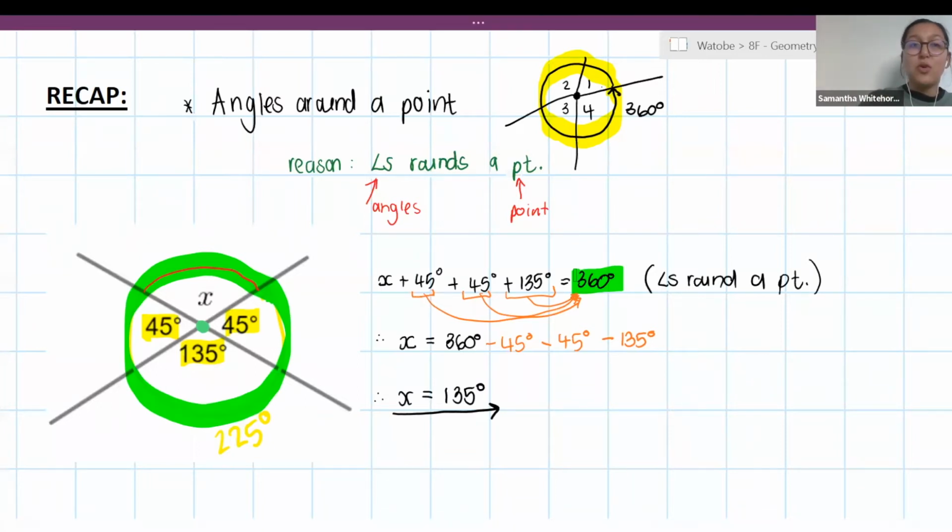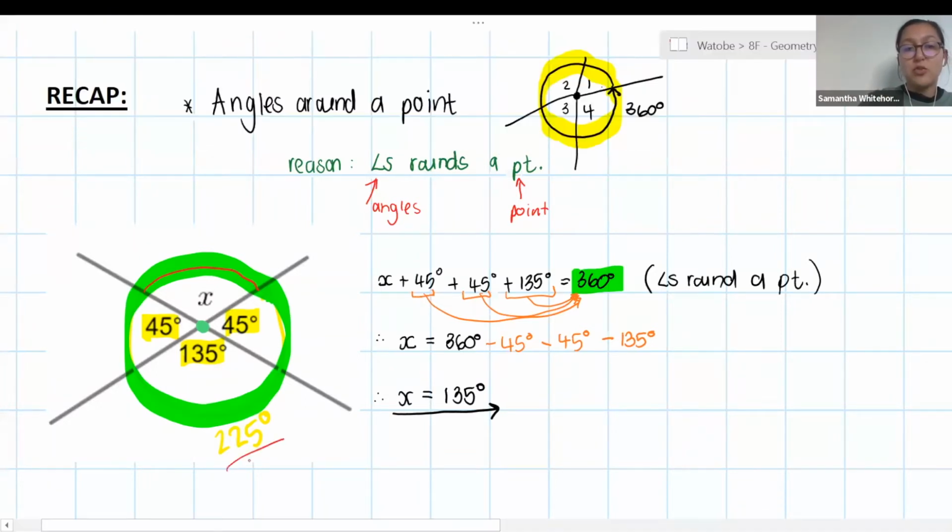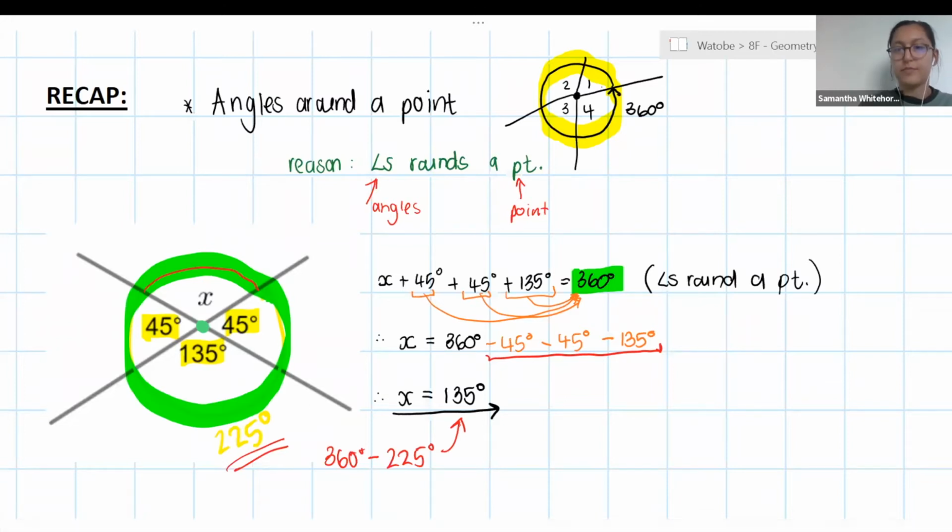And so if I already have 225 of those 360 degrees, if I say 360 minus 225, which is basically this step here, I just didn't write it as 225, you will get your missing value of X, which is 135. Okay, ma'am, thank you. Okay, cool.